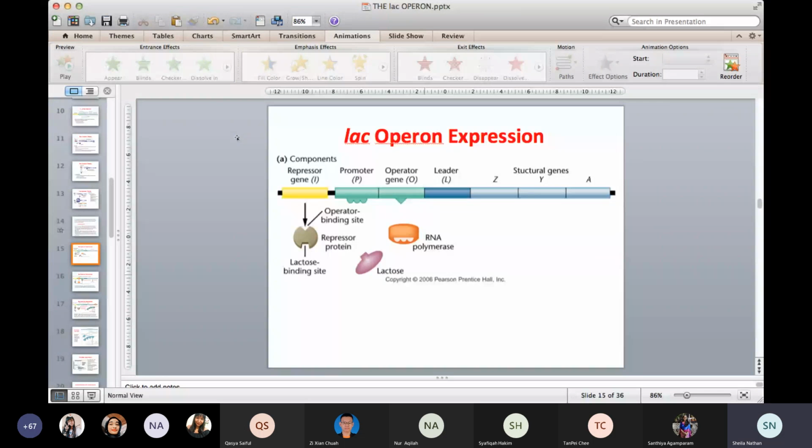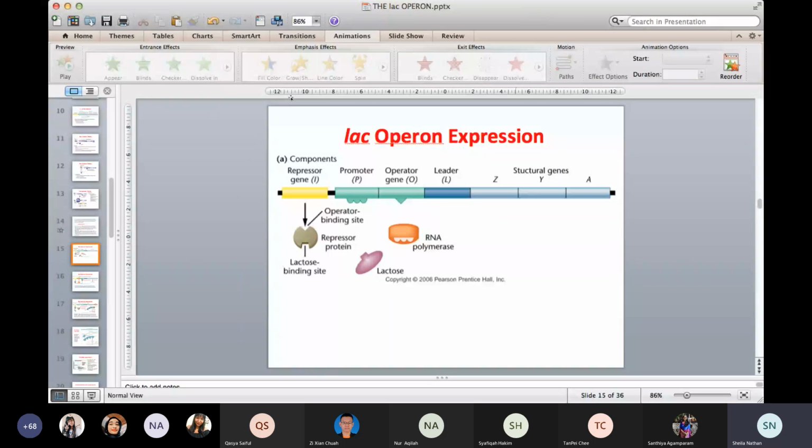I want you to imagine an E. coli cell, and inside the E. coli cell, there is a high concentration of glucose. So when there's high concentration of glucose but no lactose present, just to recap, your repressor molecule is going to bind to the operator here. RNA polymerase cannot bind to the promoter. This is going to switch off the Lac Operon.